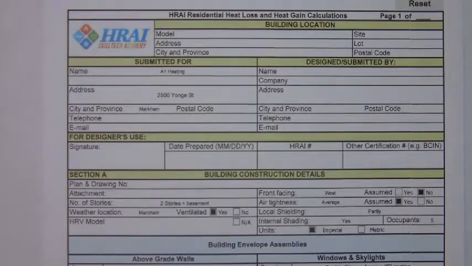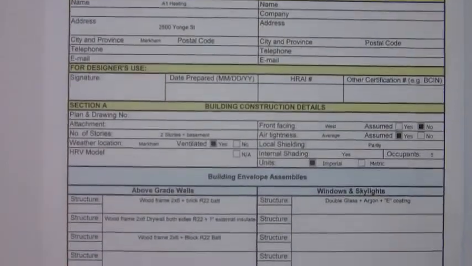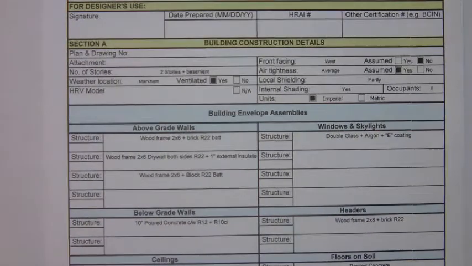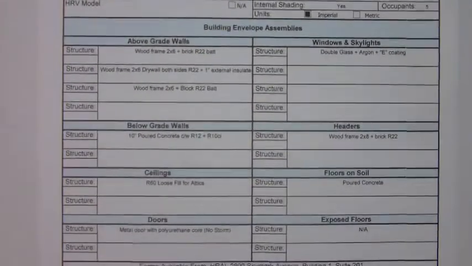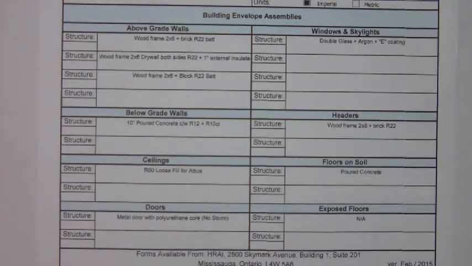Then the bottom section involves the building envelope assemblies. Now in here you can be generally pretty general, if you will. You don't have to be overly specific.